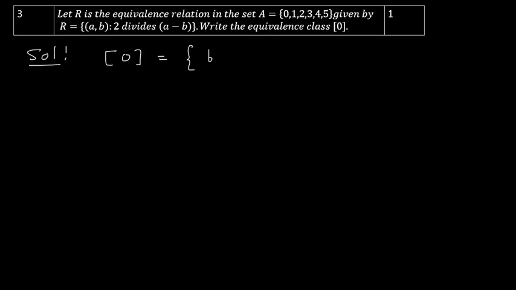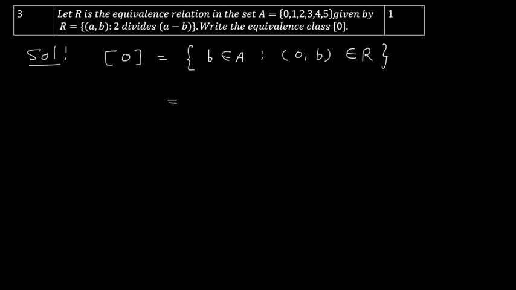So it is the set of all b belonging to A such that (0, b) belongs to relation R. Now all the numbers which are related with 0 and which belong to the set A will form the equivalence class of 0.